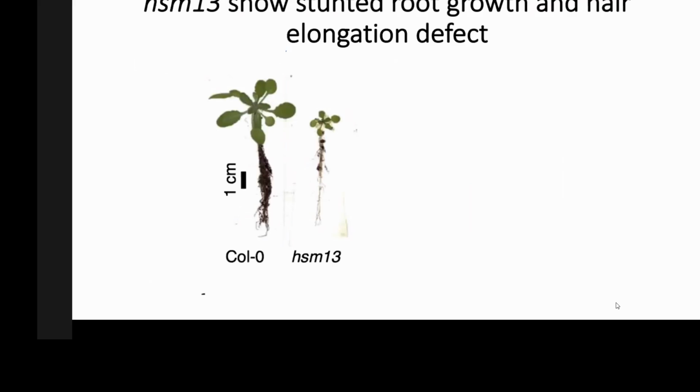Okay, so they looked at the morphology for this HSM13 and they saw that it had stunted growth. So here's wild type, and HSM13, in addition to having stunted root growth, also had a root hair elongation defect.